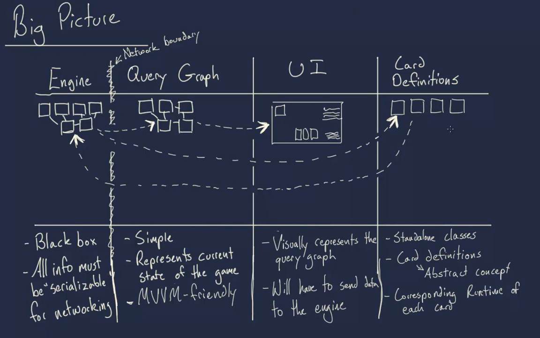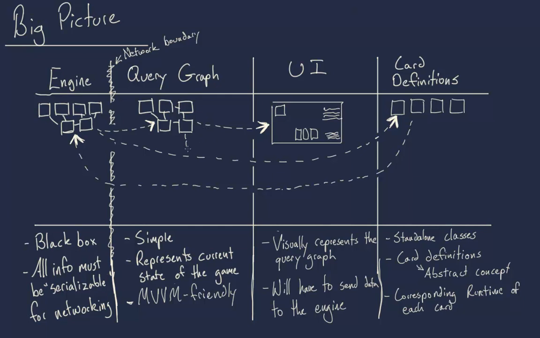Okay, now there's one last really big problem with this. There's two last really big problems with this, actually. The first problem is that the card definitions are either going to need a copy of the query graph or direct access to the query graph. I haven't decided what I'm going to do with that yet. But basically, cards need to query the state of the game, for example, allies.